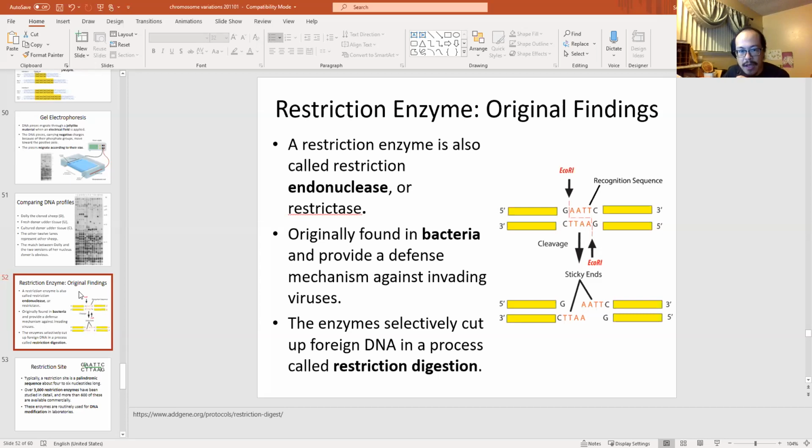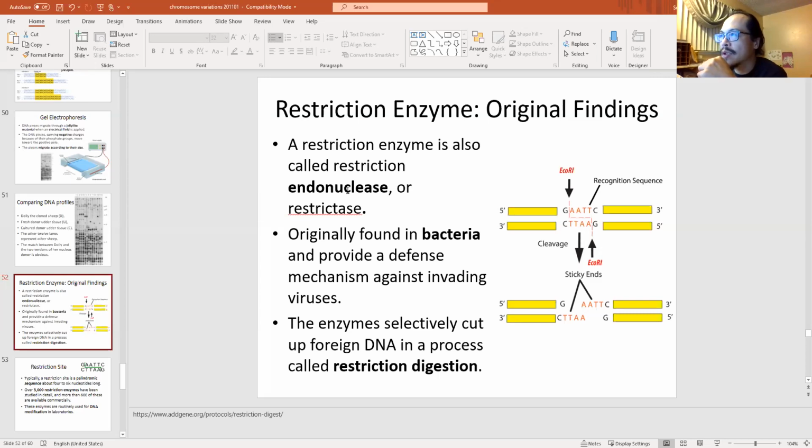We later observed this enzyme and realized it is a good way to locate a specific site in the DNA, and in addition to identifying that site, we can cut it. So that is a very good tool. This enzyme is called a restriction enzyme because it restricts virus intrusion.